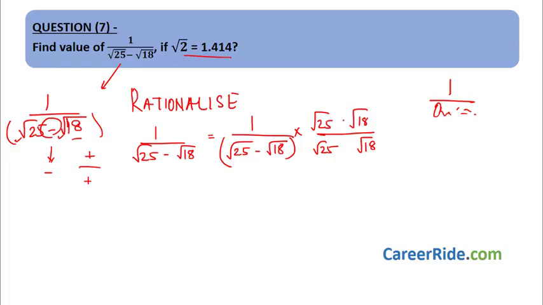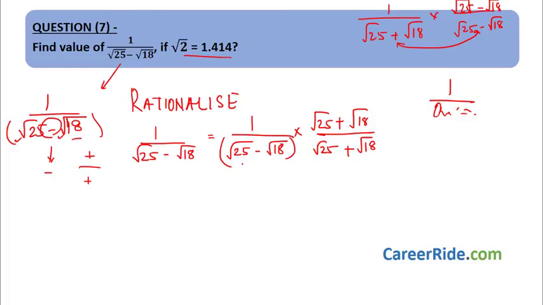So if the number was root of 25 plus root of 18, then while rationalizing we would have root of 25 minus root of 18. So remember, the sign is opposite and we have to use the same number.